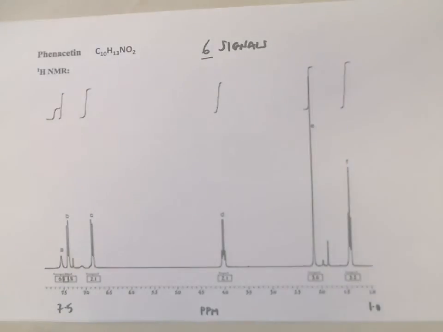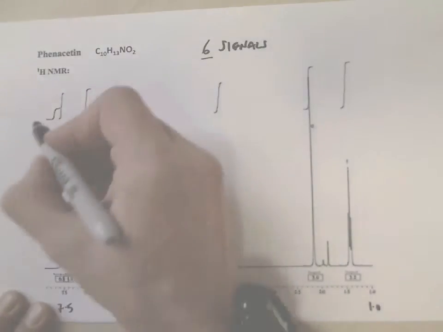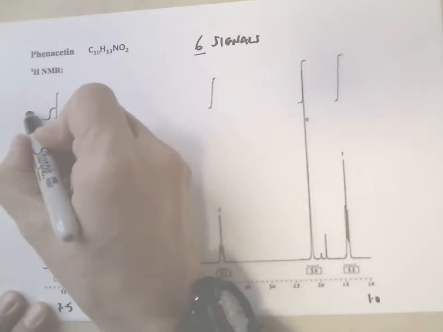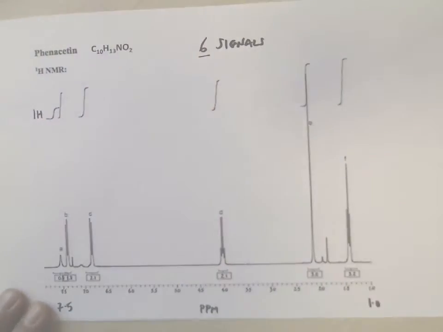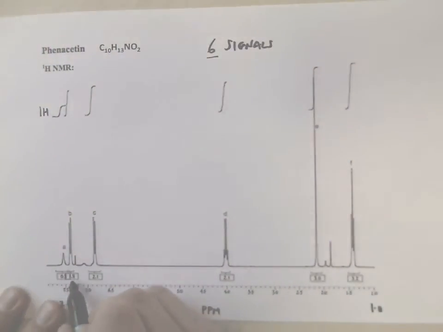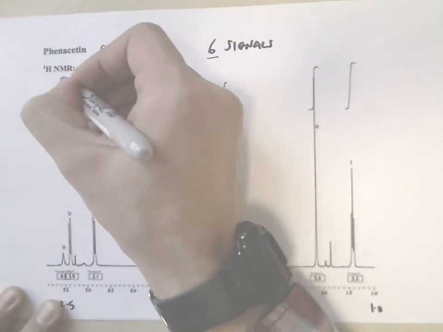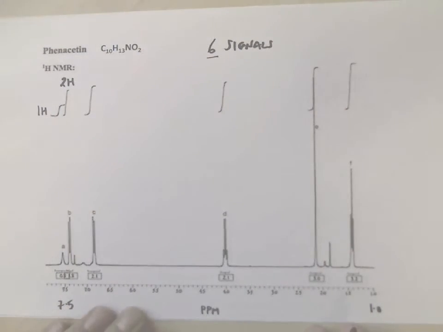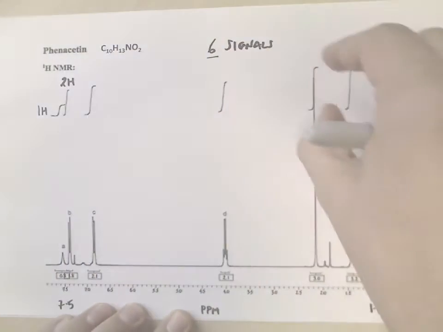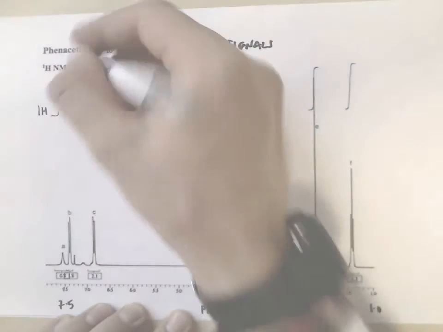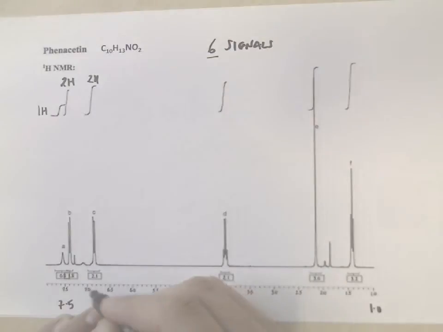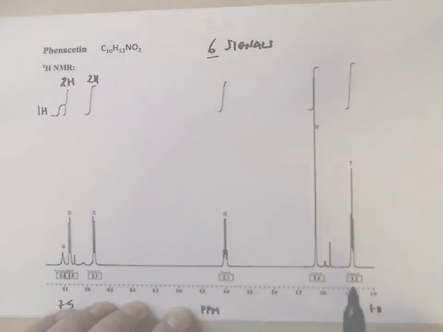We also have integration to consider, and this first peak here, the integration says 0.8, but in reality we round that to 1. So this small integration line here is for 1 hydrogen. This next peak has integrated to 1.8, but again in reality the numbers are never exact. That is 2 hydrogens. And then you can see the size of the integral lines are roughly similar for this one. So this is 2 hydrogens again, and it's also been integrated to 2.1.